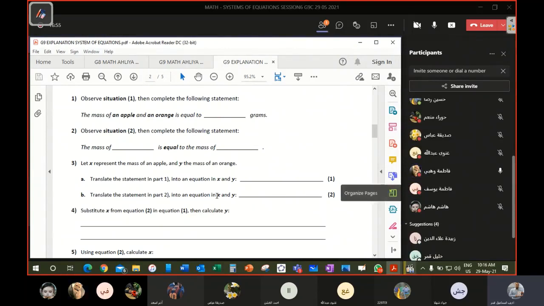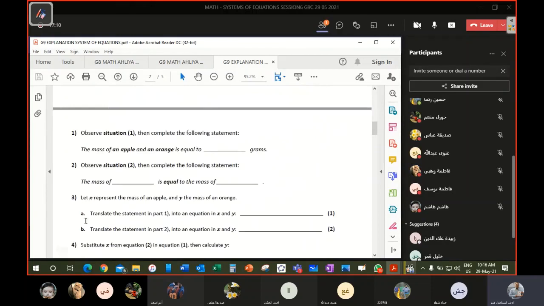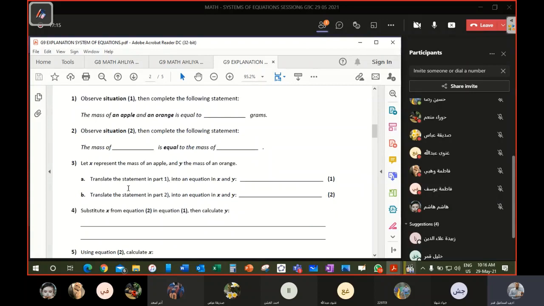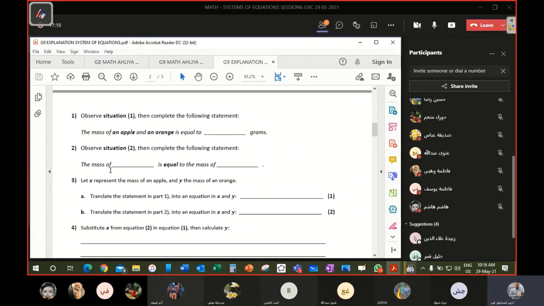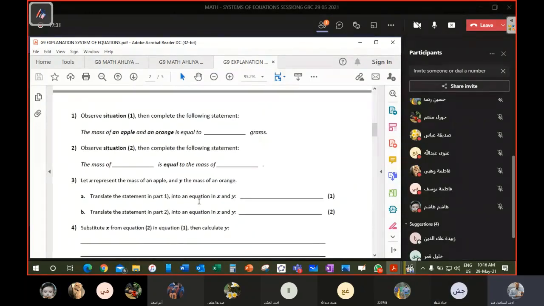Present. In part A, we got the first equation: x plus y equal 160 grams. In part B, translate the statement in part 2 into an equation in x and y. This is the statement in part 2 that we said here. The mass of... What did we say here? Okay, how do I convert it to an equation if the apple is x and the oranges are y?